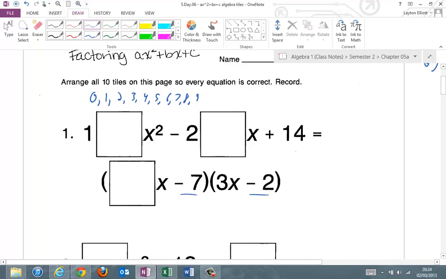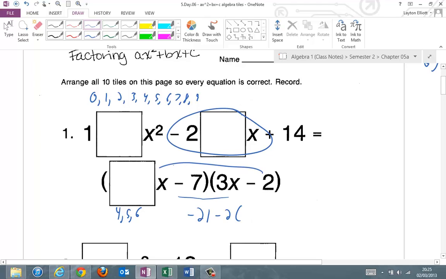I know that 7 times 2 is 14, and that works. So I'm trying to see what times 3 for my first would give me this. Well, if I think about my possibilities, 3 times 3 is 9, 4 times 3, 5 times 3, and 6 times 3 would work. Then I look to see what's going on with my middle term. That would be negative 21 minus 2 times something, and that's going to give me something in the 20s.